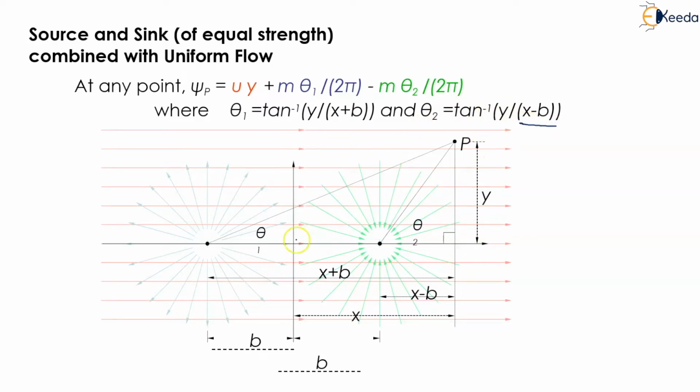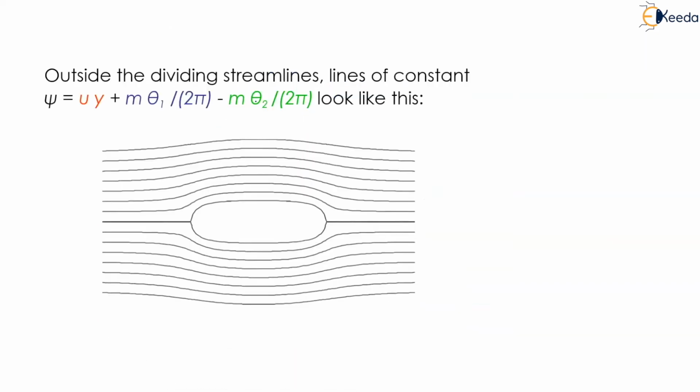And this is again my source flow and this is again my sink flow, and both the flows, source and sink, are combined together with uniform flow.